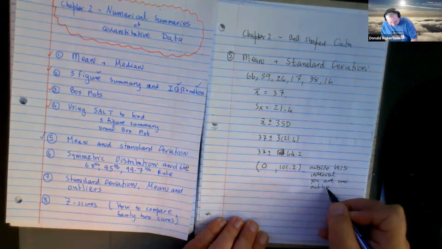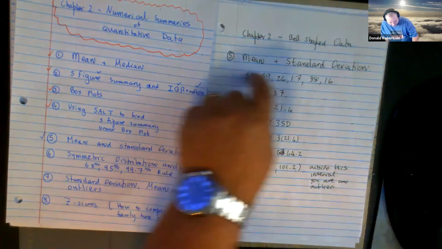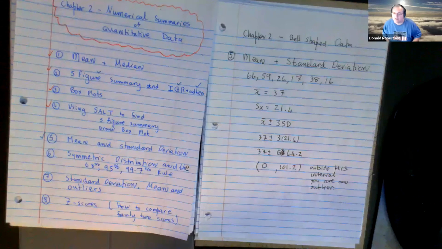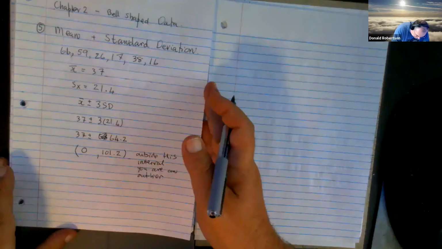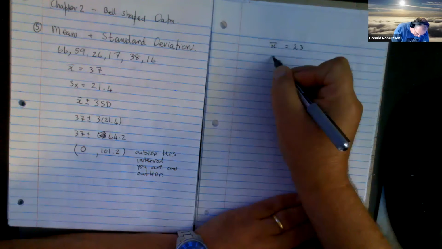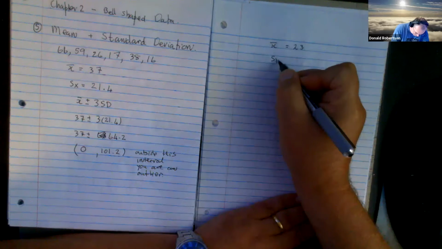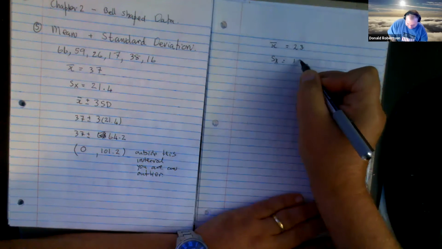Now, I used this data so that we could just get practice at doing the calculator. So I want you to imagine that I got some more data on a different class, maybe with lots of students in it, and the average age was 23, and the standard deviation was 10.